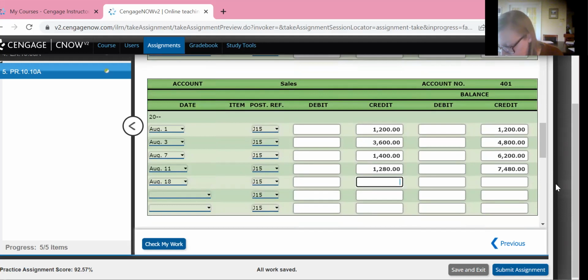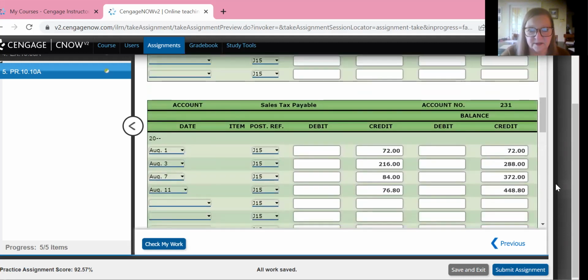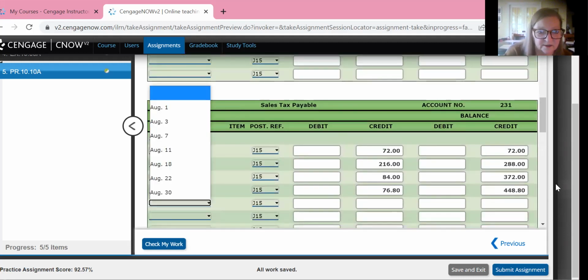On the 18th, the sale was 4,330, which would bring us to 11,810. Okay, and sales tax payable for that day.